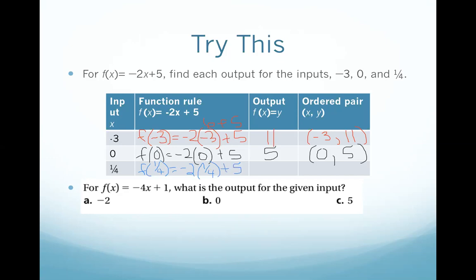Well, in order to multiply fractions, I need both numbers to be fractions. So I'm going to put my negative 2 over 1. I can always put a number over 1 without changing its value. If we have negative 2 over 1 times 1/4, multiplying, do we need a common denominator to multiply?